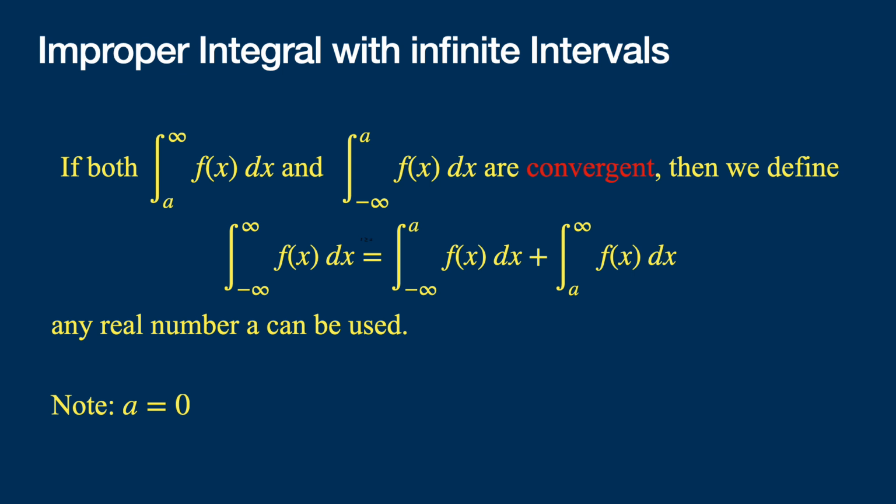But here's the very important part: if both improper integrals converge, then the integral from negative infinity to infinity of f(x) dx converges. If one of them does not converge, meaning it is divergent, then the whole improper integral is divergent.